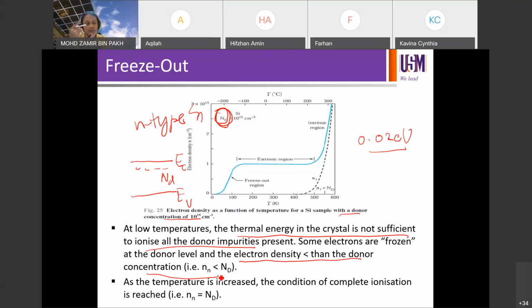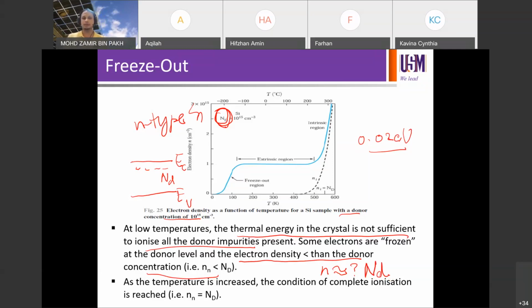Remember last time, what did we assume? We assume that when you incorporate donor atoms into the lattice, N is approximately equal to ND, right? And we assume that because we assume 100% ionization.